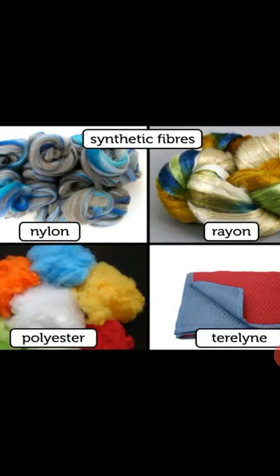You can see the population is increasing day by day, so there is a need of cloth, right? We can't rely only on natural threads, so we also searched for artificial yarn, that is synthetic fibers.